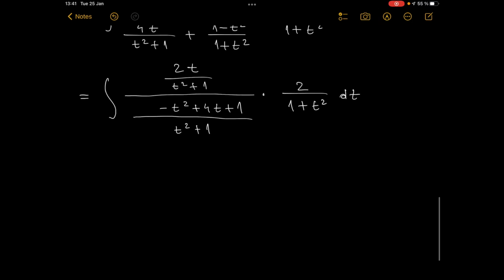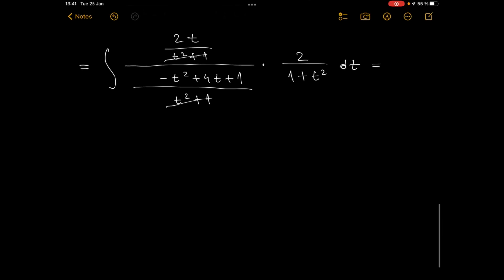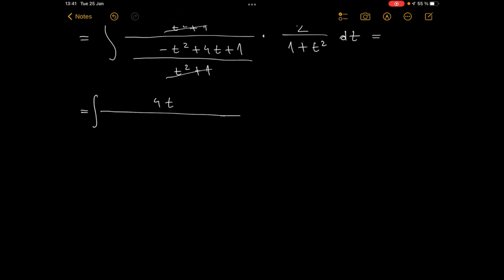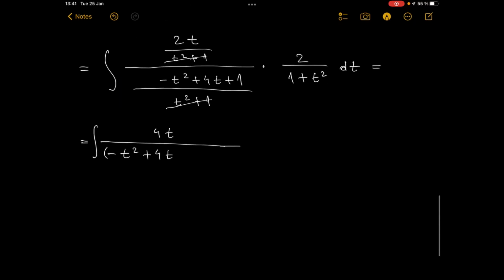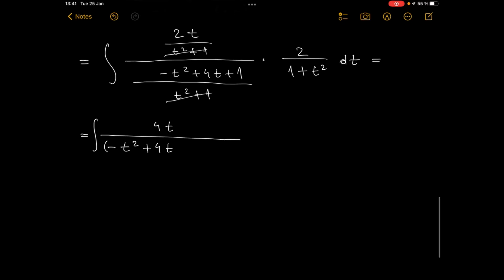Okay, and now we can nicely cancel out both of these, and we'll get the integral of 4t over negative t squared plus 4t plus 1 times 1 plus t squared dt.